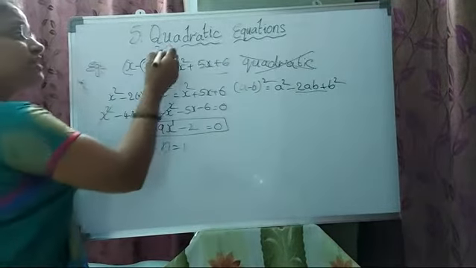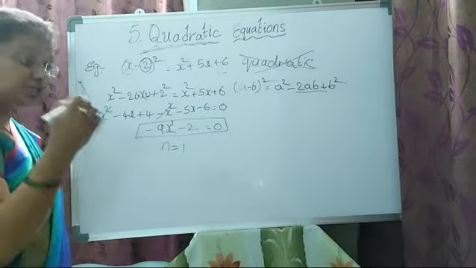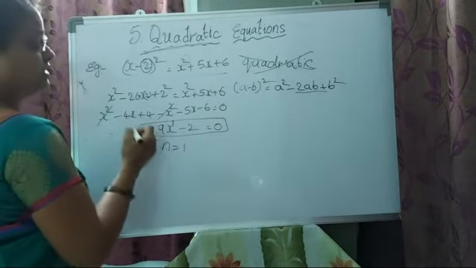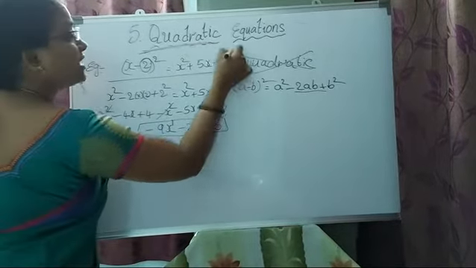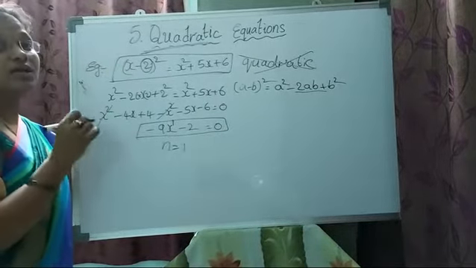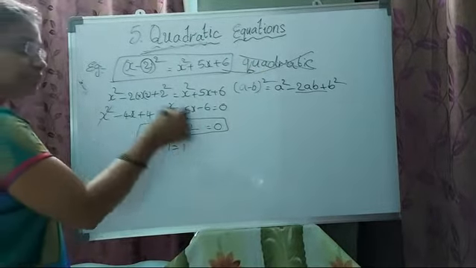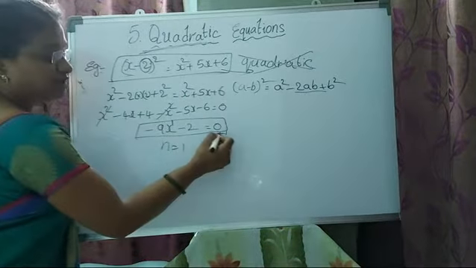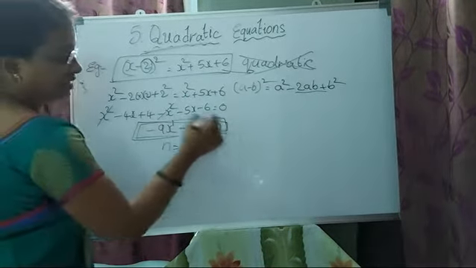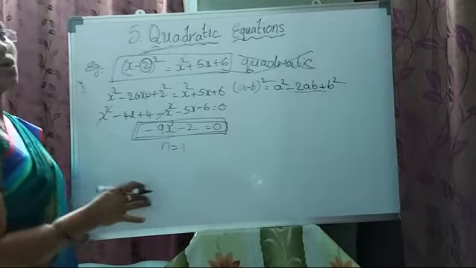So what is a quadratic equation? Only if the degree is 2 can we say it is a quadratic equation. By seeing the equation at first, you should not conclude that it is quadratic. After simplification, look at the final result. Here it is a linear equation, not a quadratic.